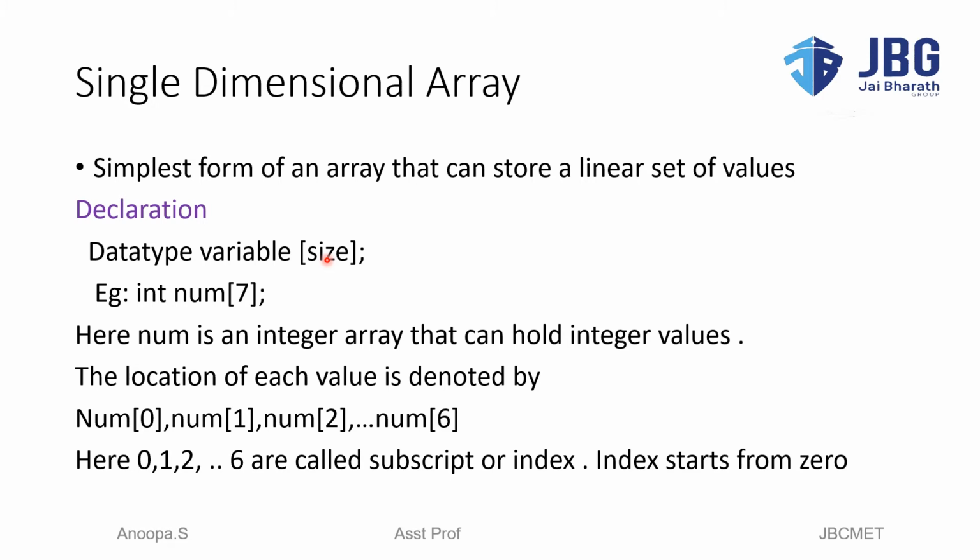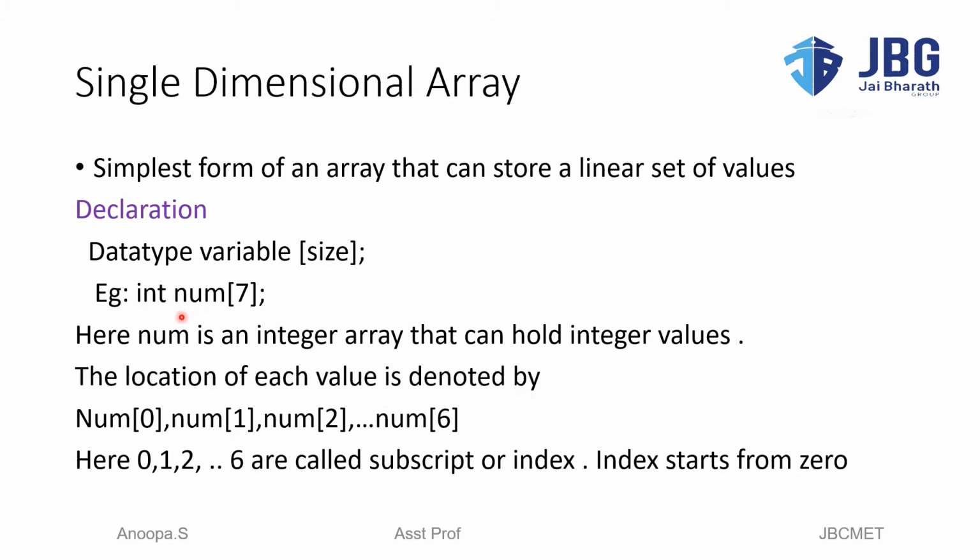So for example, int num[7]. This is an array with data type integer, and there are 7 elements in that array. Num is an integer array that can hold integer values. The location of each value is denoted by the particular index.